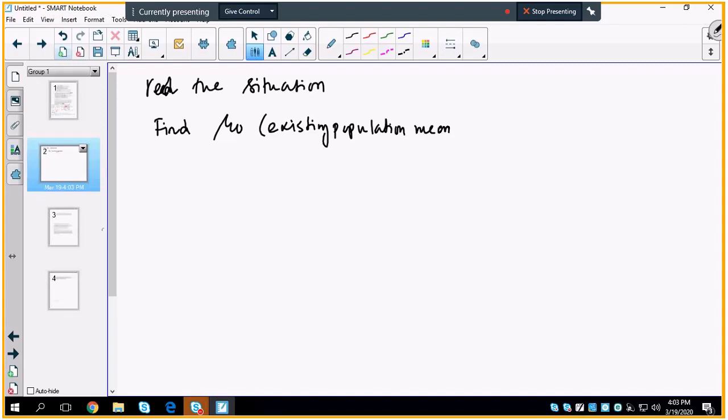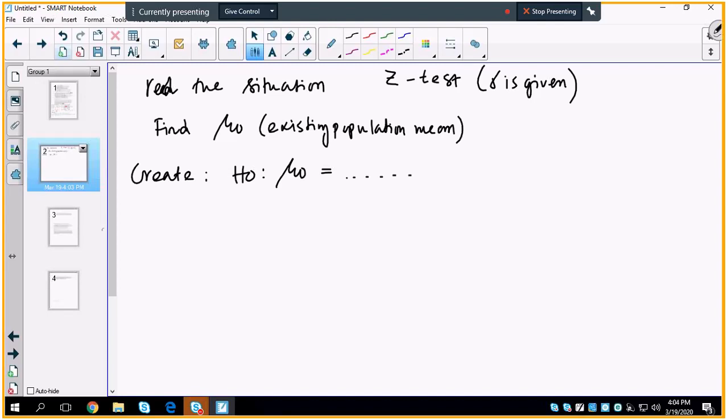As I have already said, this is for Z test. So when I do Z test, if sigma is given, then and only then I will do the Z test. Then you create your null hypothesis, and that is basically H naught. You will say mu naught equal to whatever given information is given to you. So you will write that down.